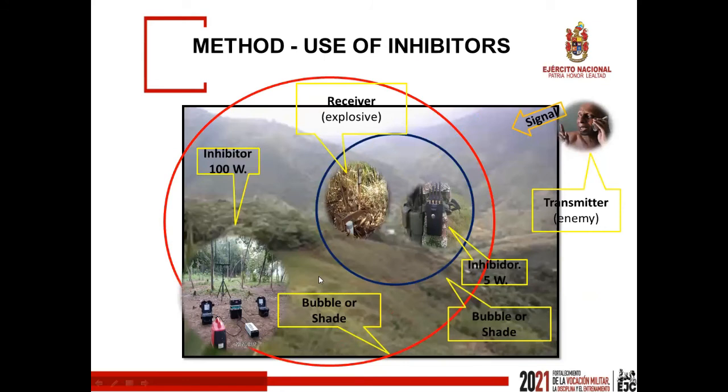And the other method for protection of each one of the members of the EXDE Delta team is through the use of the inhibitor of 5 watts. You know that the bubble of security is more or less 5 or 7 meters.